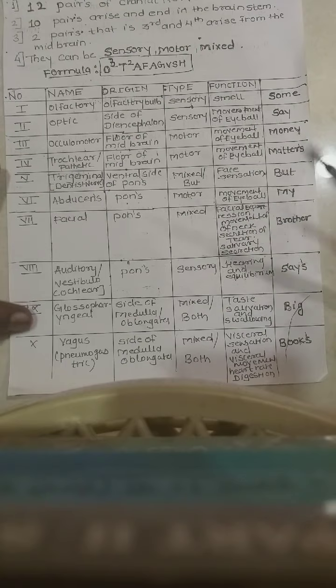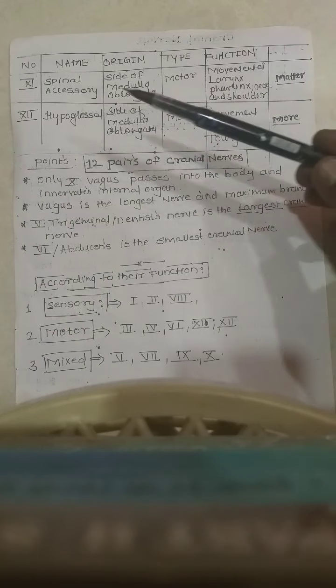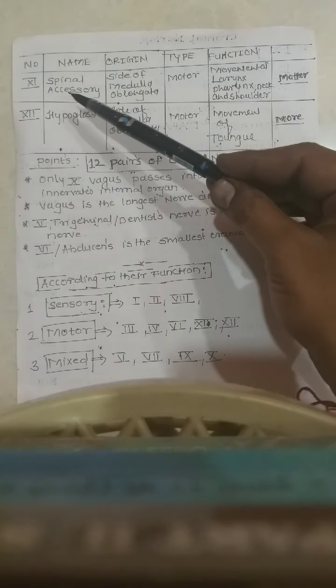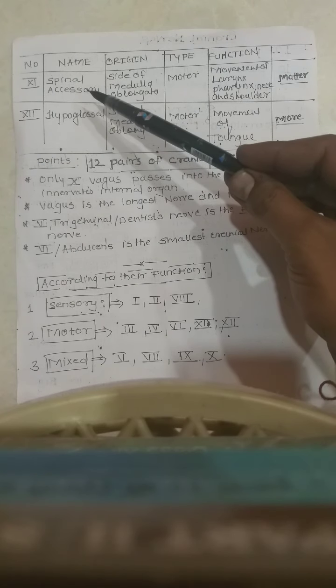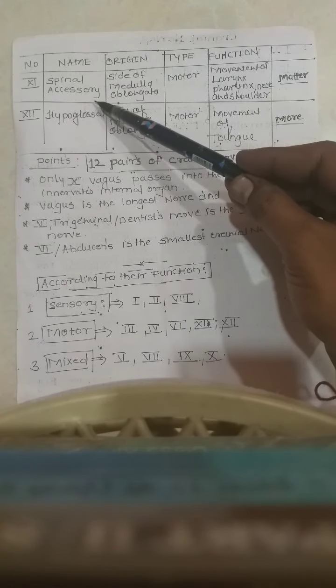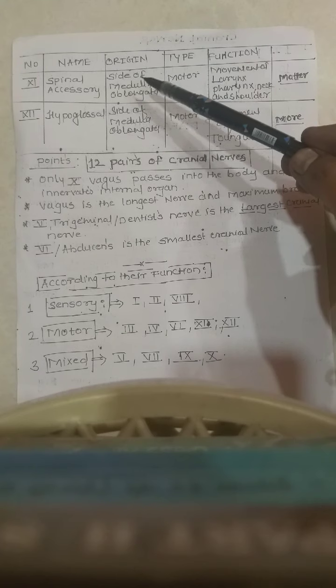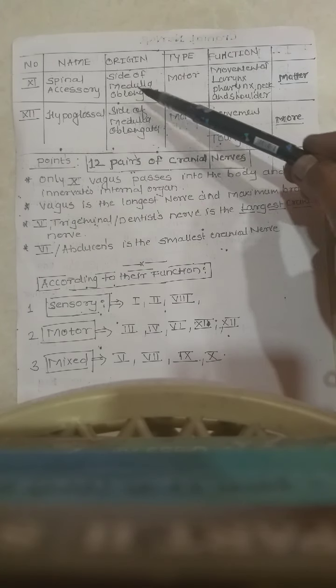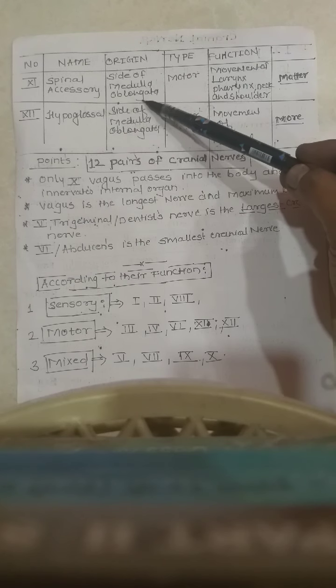So followed by this 10th, there is again 11th and 12th number. We'll see that. The 11th nerve is the spinal accessory. Origin of this nerve is again the side of medulla oblongata.